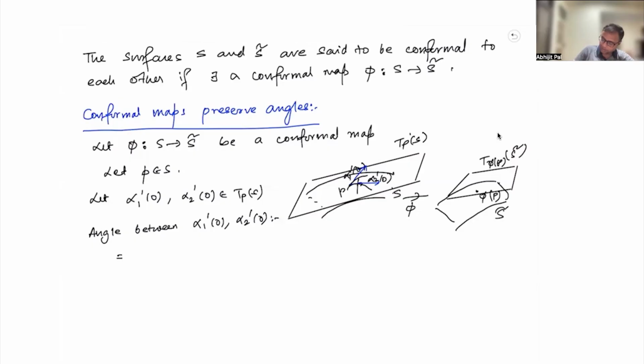Theta is equal to cos inverse of the inner product of alpha 1 prime 0 with alpha 2 prime 0 divided by the norm of alpha 1 prime 0 times the norm of alpha 2 prime 0.